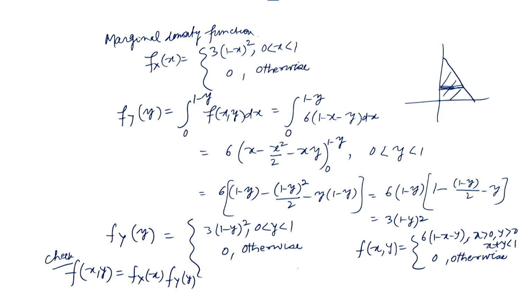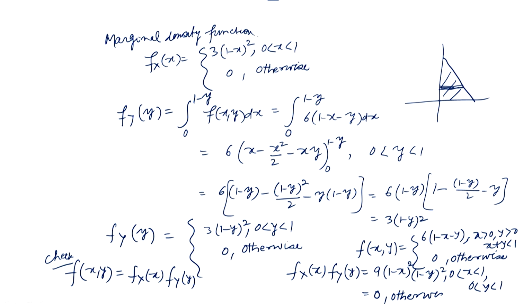And what we find is that f_X(x) into f_Y(y) is equal to 3 times (1 minus x) whole square into 3 times (1 minus y) whole square. So, 9 times (1 minus x) whole square into (1 minus y) whole square when 0 is less than x less than 1 and 0 is less than y less than 1, and 0 otherwise. Okay.